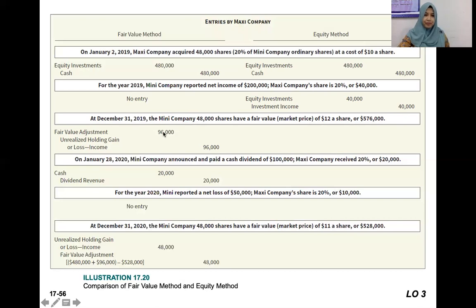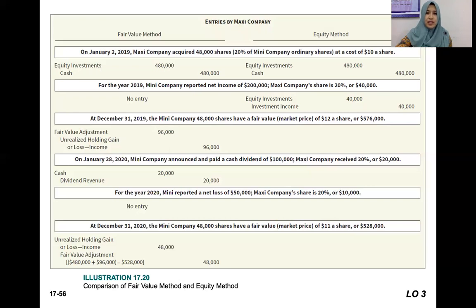Okay, let's say at December 31st, 2019 as well, the investee's 48,000 shares have a fair value of 12 a share, or 576,000. So under the fair value method, we need to recognize the changes in the fair value.